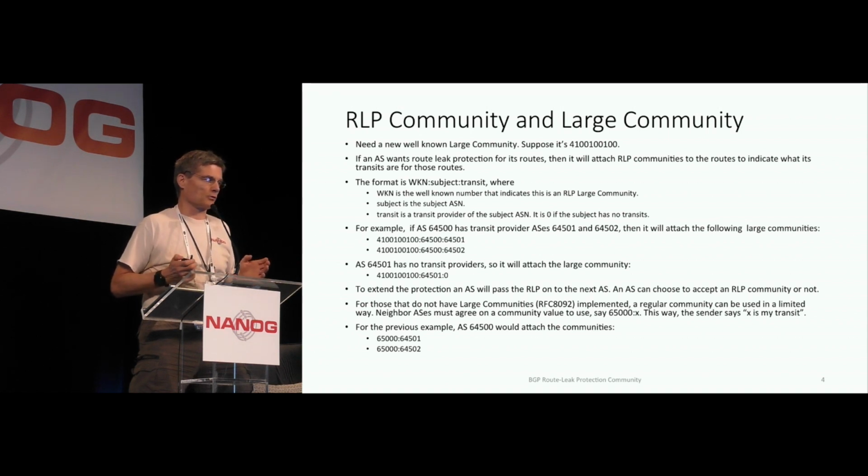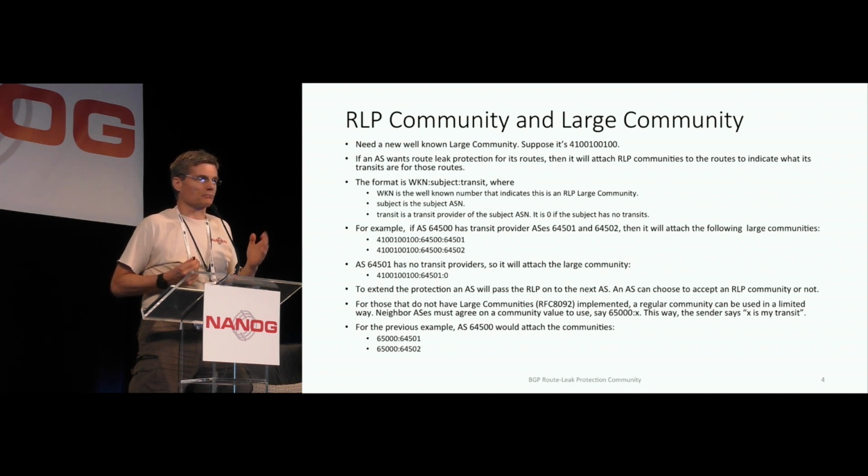Right, now to encode this, I've decided to do that in BGP and to encode it on each route individually. And the reason for that is that you may be sending certain routes to certain transits and other routes to different transits.